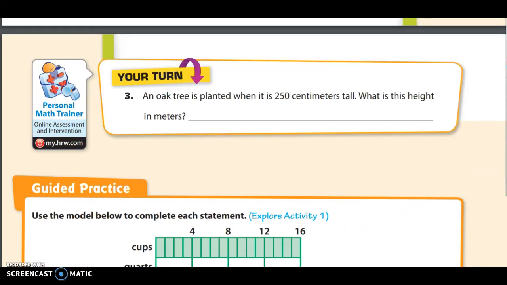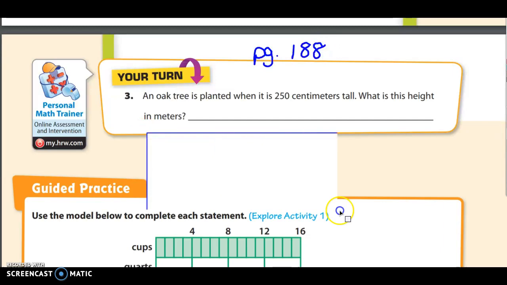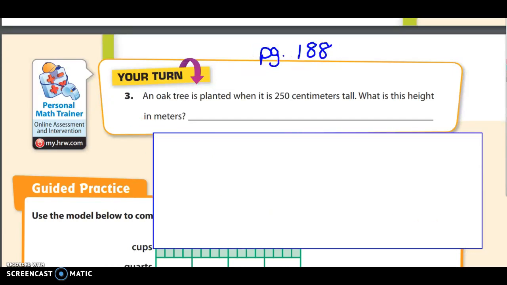So this is going to be number 3 from the top of page 188. And I'm going to use the same method I just showed you. It's called the conversion factor. It says an oak tree is planted when it is 250 centimeters tall. What is this height in meters? So I'm going to take the number given to me, which is 250, and I'm going to put cm. I'm going to multiply that by the conversion factor.